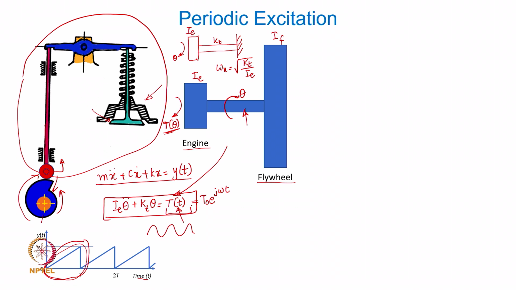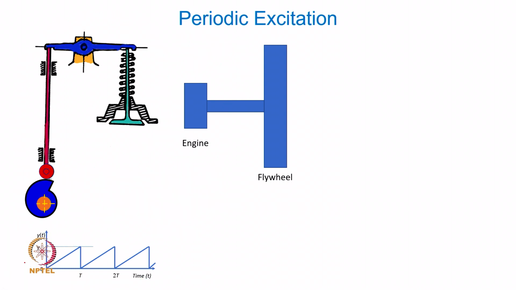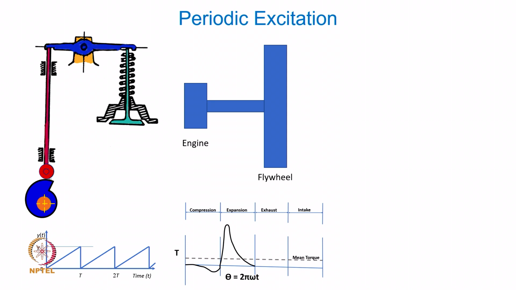answer the question that I am trying to pose: is it valid to have a harmonic excitation torque being considered here for solving this particular problem? Now, recalling all that you might have learnt in your kinematics and dynamics course, or probably in some other subjects related to IC engines, you must have a clear idea that the torque acting on the crankshaft because of the operation of the engine may look something like that.